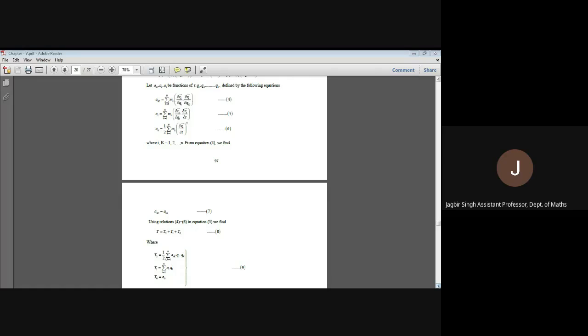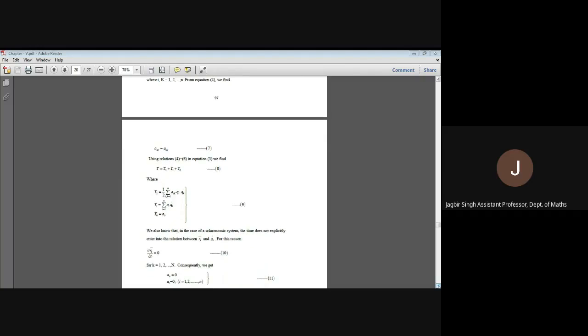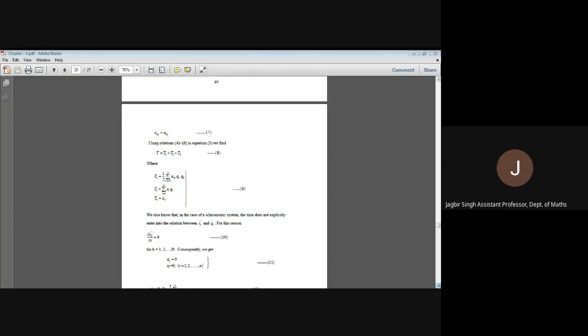Now, as you can see, T2 is a homogeneous function of degree 2 in velocities, T1 is a homogeneous term of degree 1 in velocities, and T0 is a naught, simply a homogeneous term of degree 0 in velocities. So the kinetic energy is now expressed as a sum of three terms.